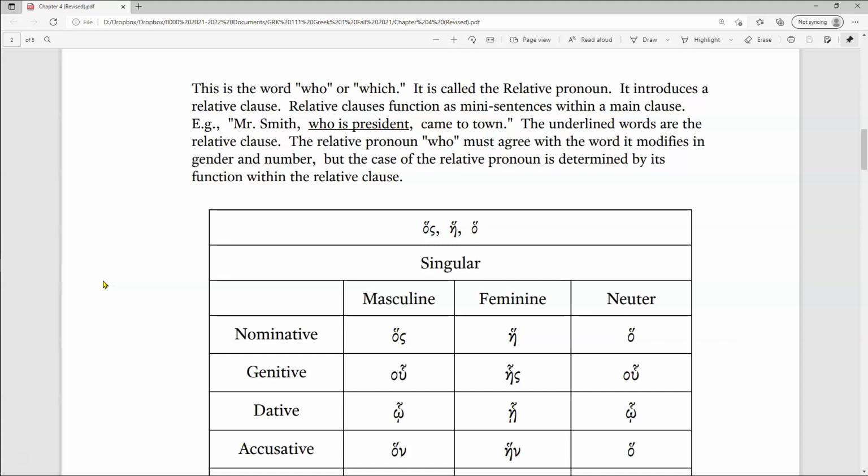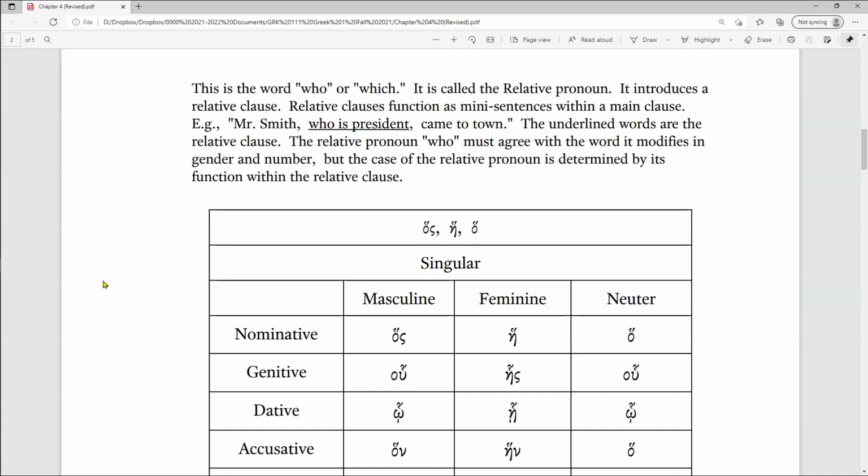Relative pronouns agree with the words they modify in gender and in number, but the case comes from its function within the relative clause. In plain English, whenever you have a who clause, it's a mini sentence, right? But the who can be lots of different cases.